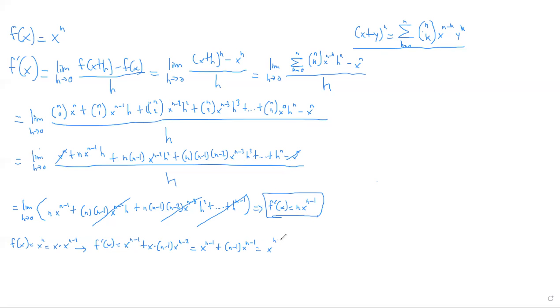After you factor out an x to the n minus 1, you're just left with 1, plus n minus 1, which just leaves you with n. So that is equal to n x to the n minus 1. See, we once again proved the power rule. Yeah, just the proof of it.